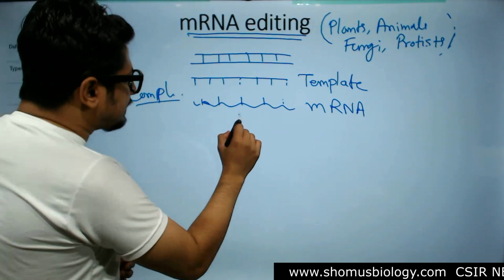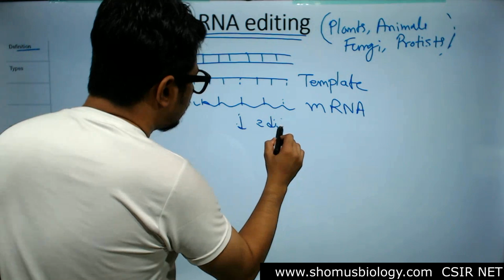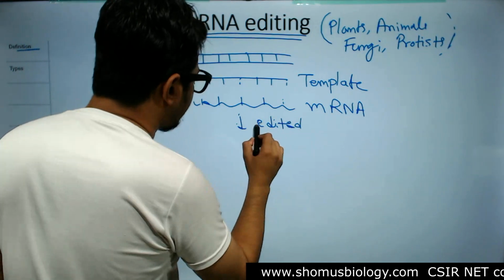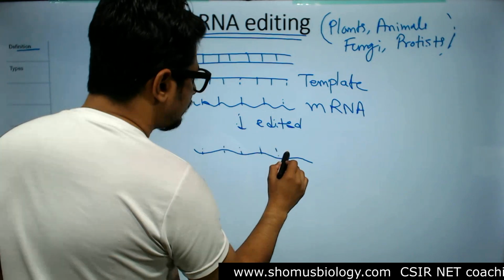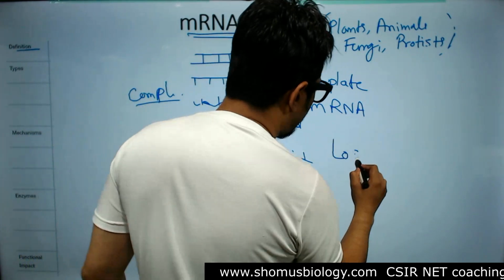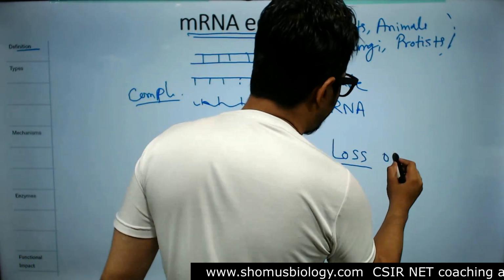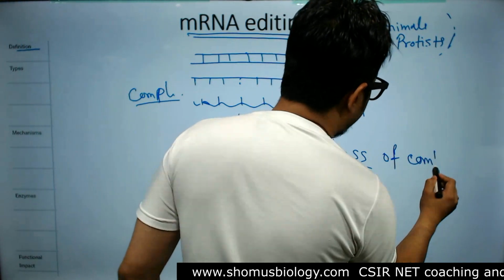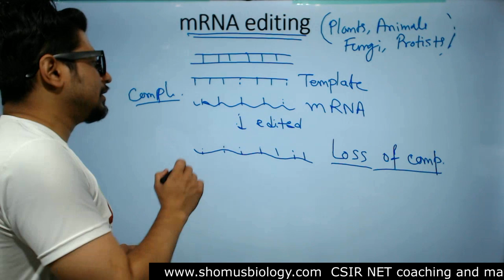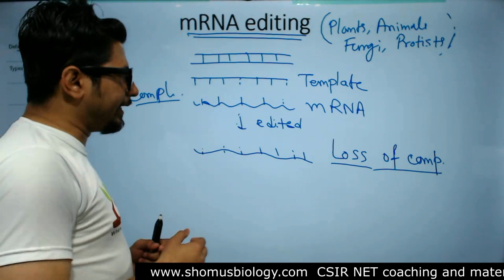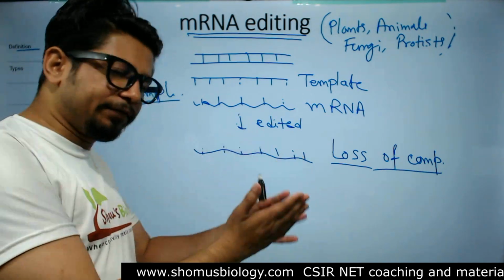But if this RNA is edited, then there will be some loss of complementarity. The RNA will be modified in such a way that some portion of its nucleotides can be modified to a totally different nucleotide.